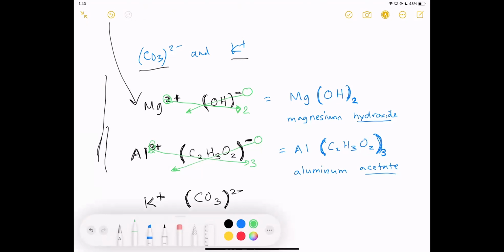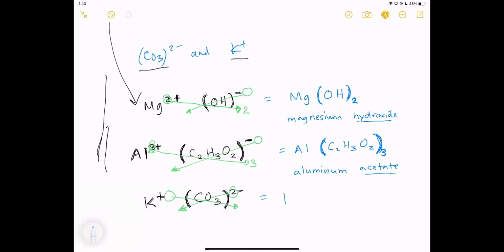And then you're going to use the crossover rule. This has no number crossing over and down. And this has a 2 crossing over to here. So what you're going to end up with is K2 and then in parentheses CO3 and no number outside of the parentheses. That's okay. When you have nothing outside of the parentheses, you get rid of the parentheses. So this becomes K2CO3.